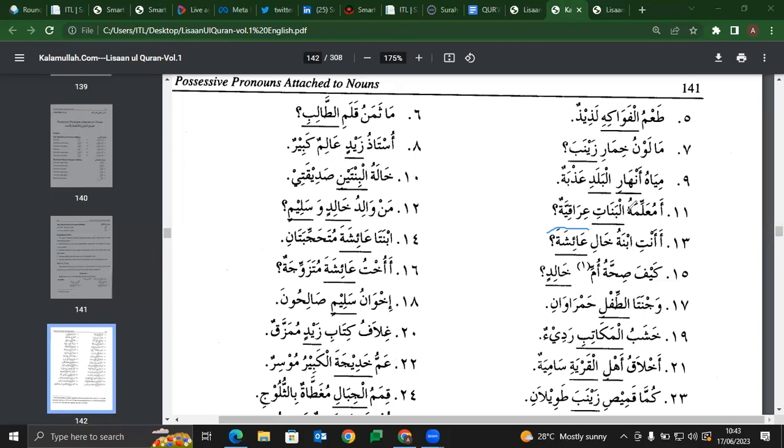In this sentence, she is not present. So she is ghaib. She's not mutakallim and she's not hadir. So how will it be? Aisha, khaliha. أنت ابنة خالها. Right? Okay. Another one.